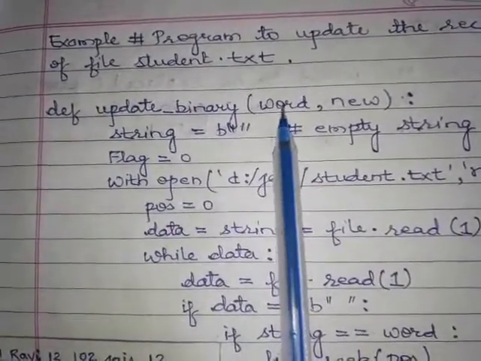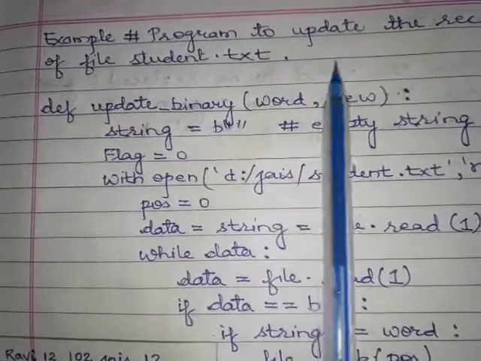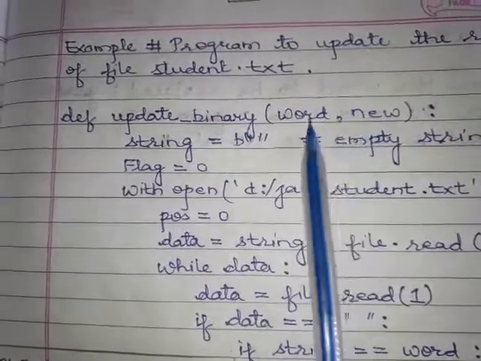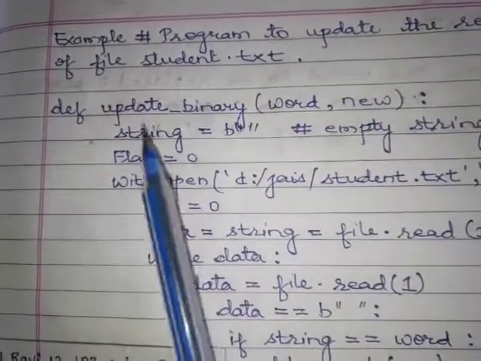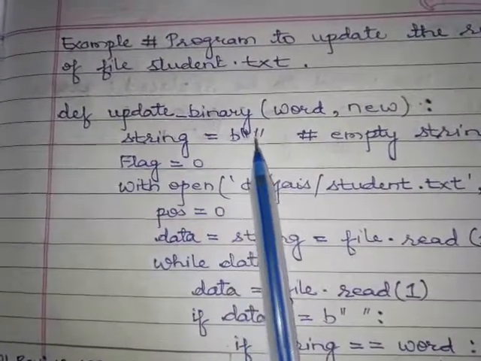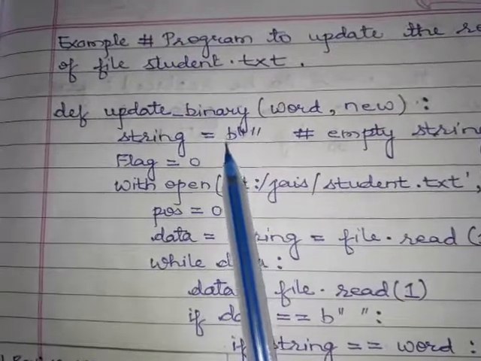The old word is received in this argument, and the new word is received in this argument. Okay, these are the two arguments which act as strings. Now here we declare a string variable which is an empty binary string, because we are dealing with binary files.